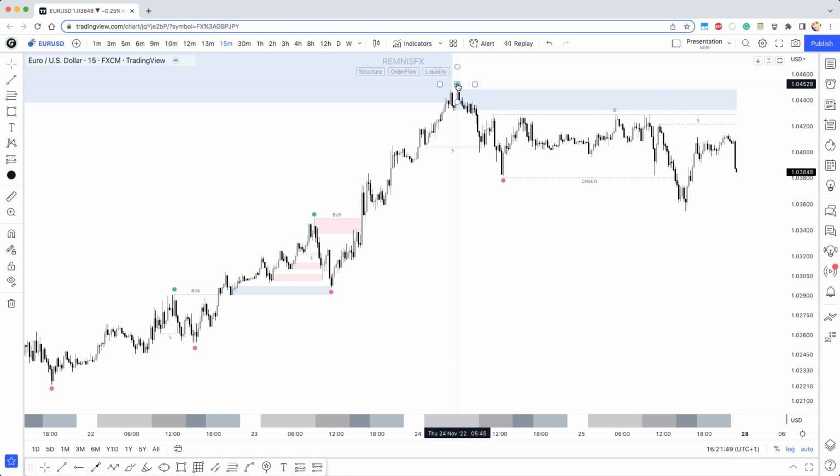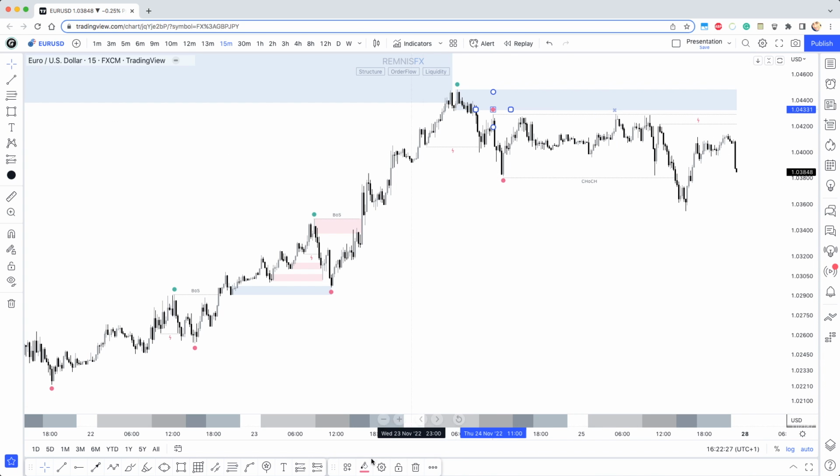Because if this is your higher low and this is your lower low, then let me grab this one here. This would also now be your higher low, right? It changed here, and this would be your higher low, lower low, and as long as price does not come back to take out this or even this one, we are ranging, right?